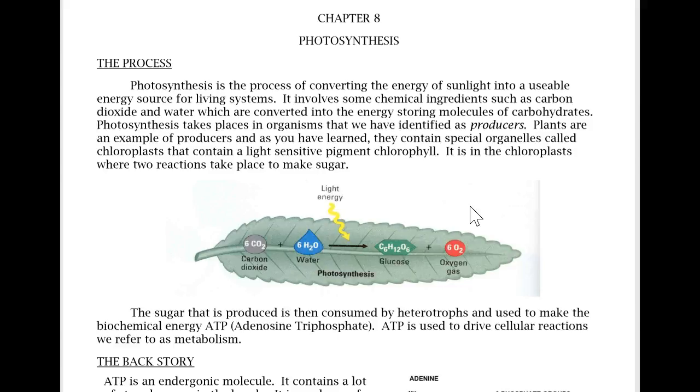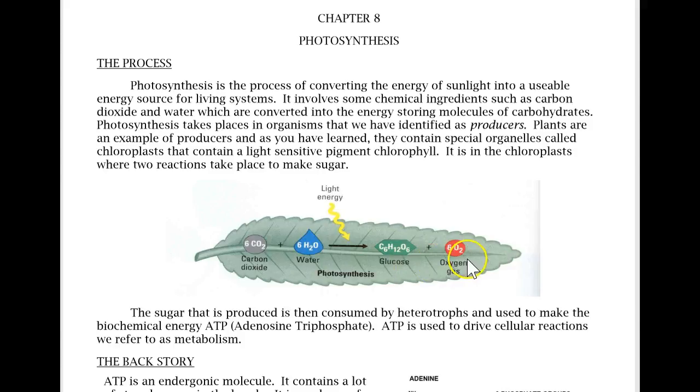All right, so this whole idea of photosynthesis, you've heard it before, you've had it in your science classes. It's to make food, using light energy to chemically convert carbon dioxide and water into sugar that we know as glucose. We'll be referring to glucose as a carbohydrate, and carbohydrates are just that, sugars.